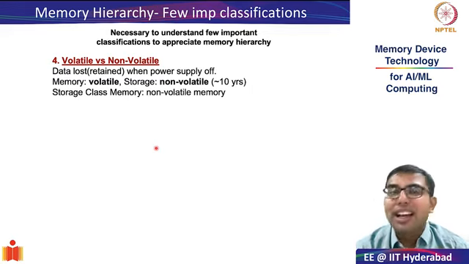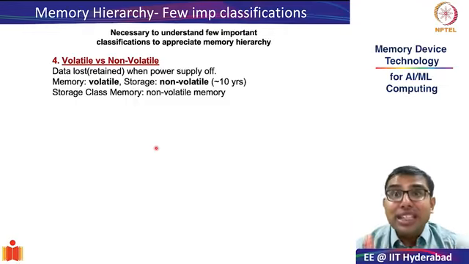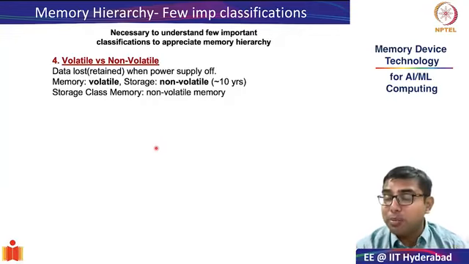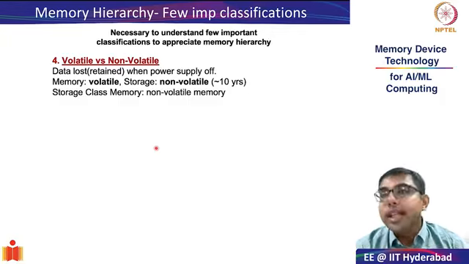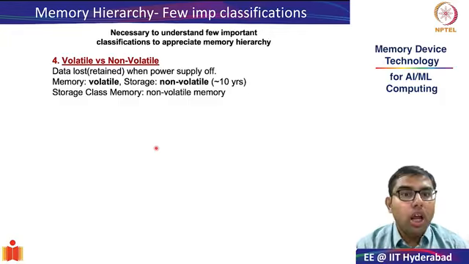So the question is, how do these companies test that a storage element is non-volatile for 10 years? Open question. Please Google, please think about it. We will cover it when we discuss storage elements, especially NAND flash. Here also, what we will discuss in the next session, storage class memories.